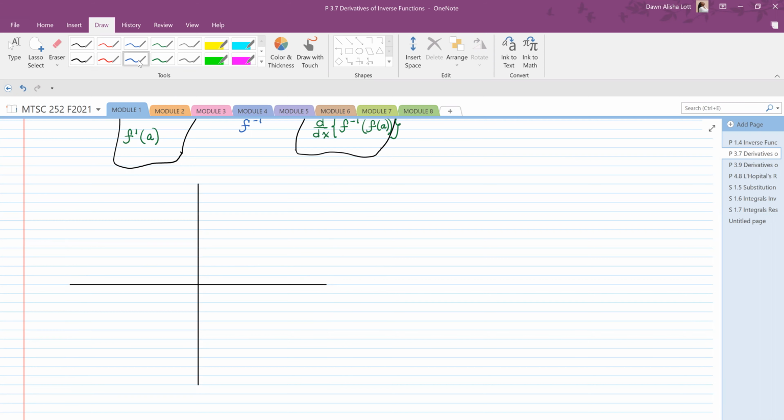Here is f of A. Here's f, and f goes like that, and f inverse goes like this.